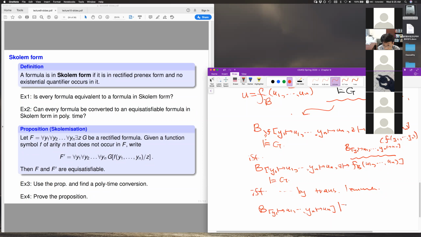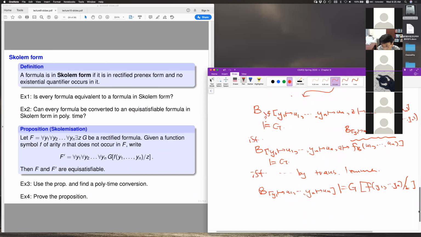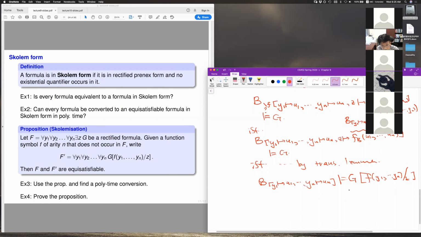U_N satisfies G, where f of Y_1 to Y_N is replacing z inside the formula. Okay, but that's something that we already know. This is true for all Y_1 to Y_N, so say for U_1 up to U_N, there's also for U_1 to U_N.